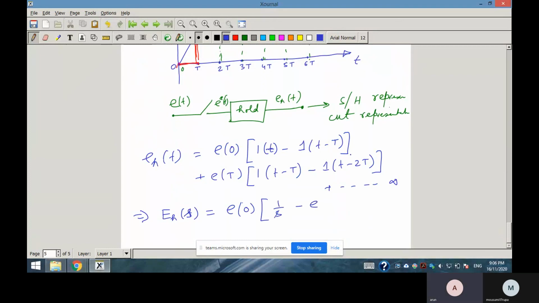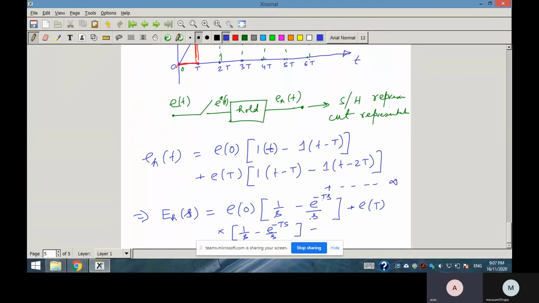So I want to find the transfer function of the whole circuit. That's why I'm trying to take the Laplace transform of e_h(t).